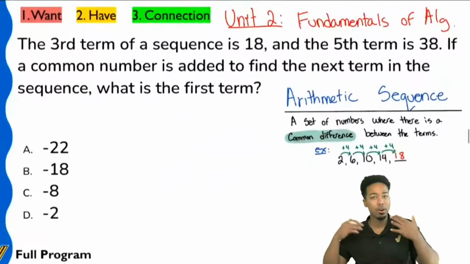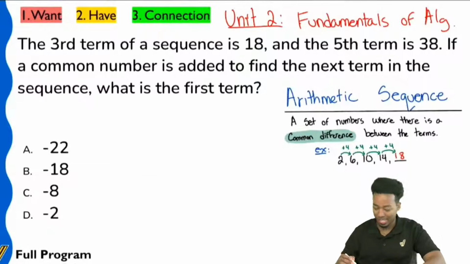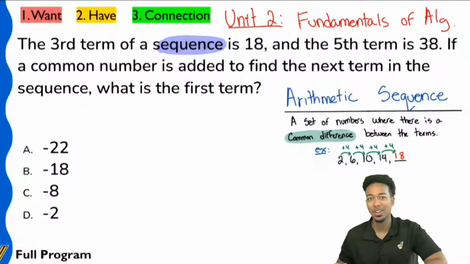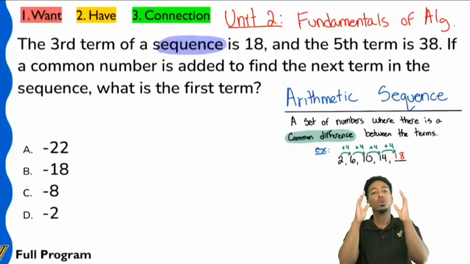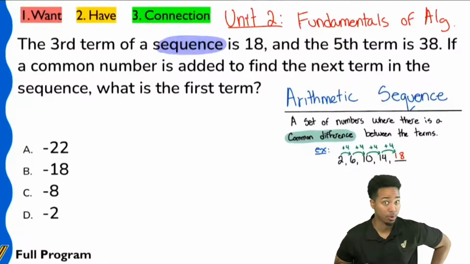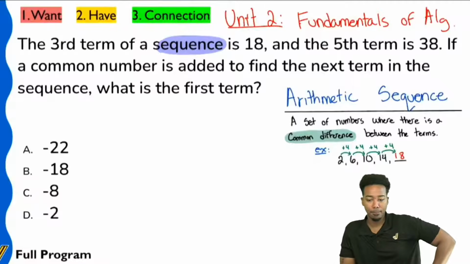My party people, if we're talking about a sequence, take a look at it right here. A sequence is what we're talking about, a sequence of numbers. What does the question say? Which term are we looking for? We're looking for the first term.